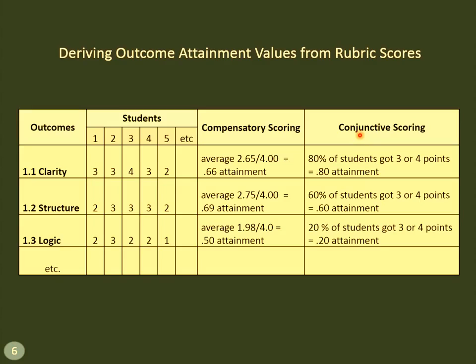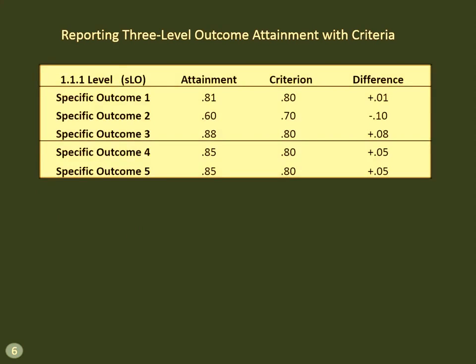So student number 1 had a 3, a 2, and a 2, and student number 5 had a 2, 2, and 1. Under compensatory scoring, which is typically done, because there were 4 anchor points, if you take the average of all the students, and you got 2.65 and took that over 4.0, you would have attainment for clarity for that course, for that assessment, at 0.66.